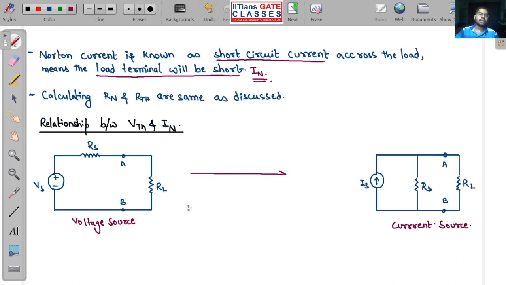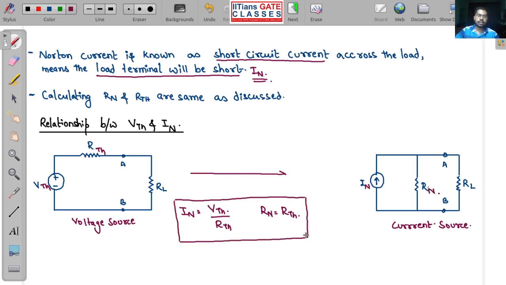So what is the relationship that we have? IN is equal to Vth by Rth, and RN is equal to Rth. I should have written it not as VS, RS, but as Vth, Rth, and IN, RN. Okay, so this is the interrelationship between Norton current and Thevenin voltage, and Norton resistance and Thevenin resistance.